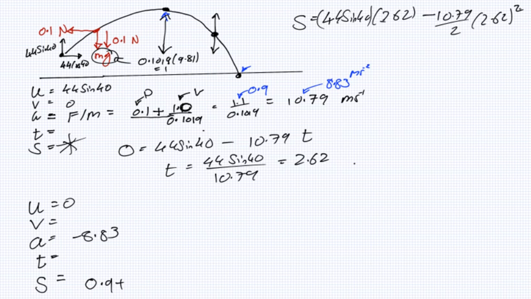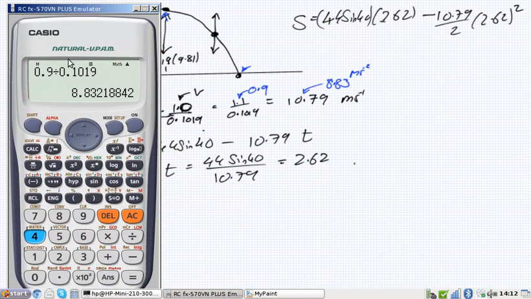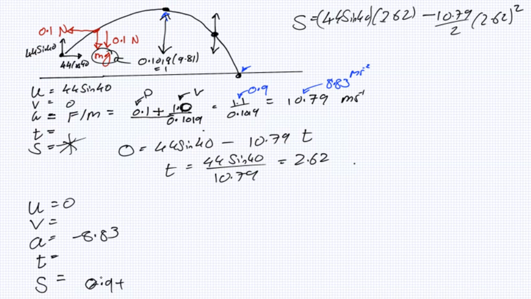So let's get that height now. 44 sine 40 times 2.62 minus 10.79 over 2 times 2.62 squared. So that height is 37 plus the 0.9. So the total is 37.96, so that would be 37.97 in total.